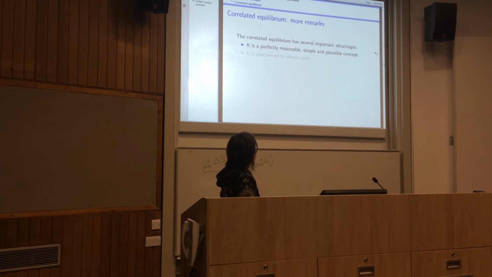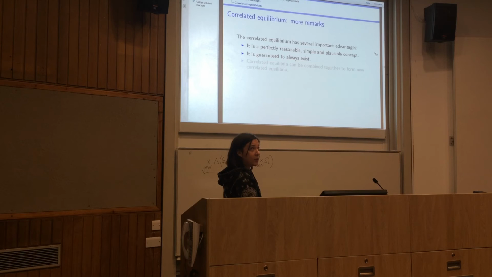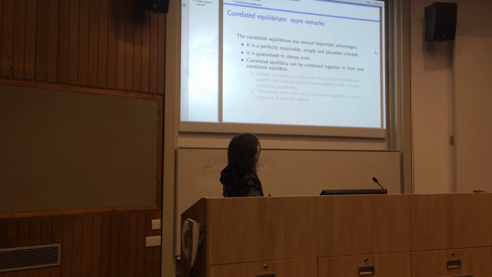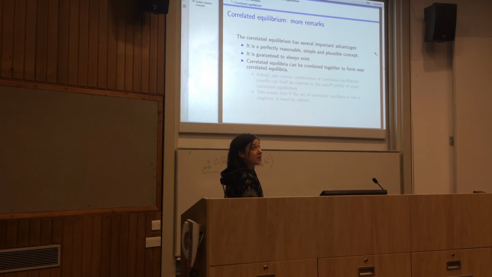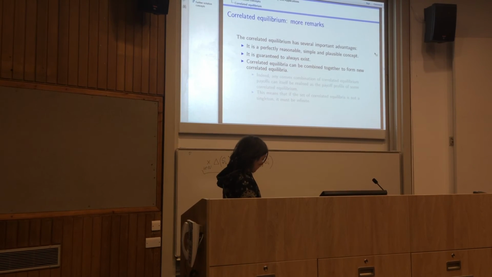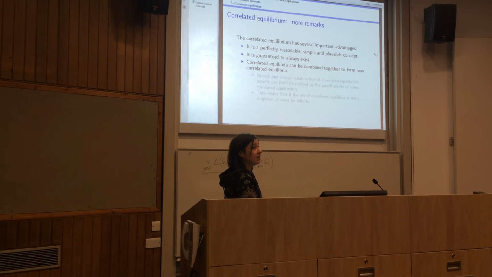So that's a natural concept. It always is guaranteed to exist. Another thing which is also very convenient: if we have two correlated equilibria, we always can combine them and achieve a new correlated equilibrium. So what happens is that given two points, any convex combination of them would define a new correlated equilibrium.